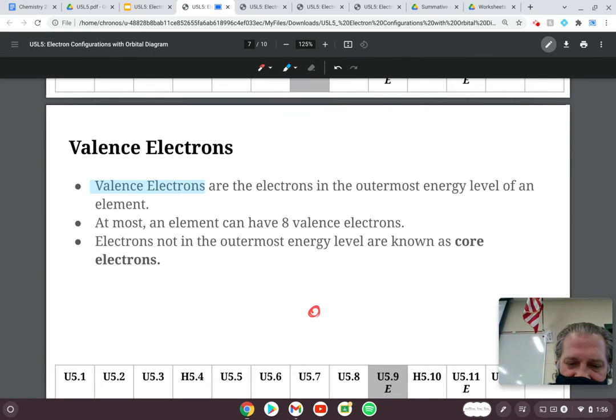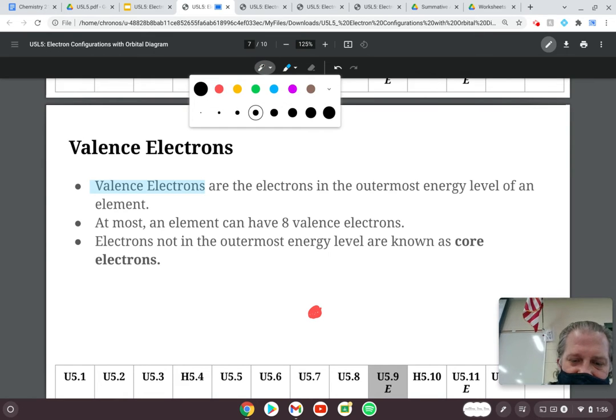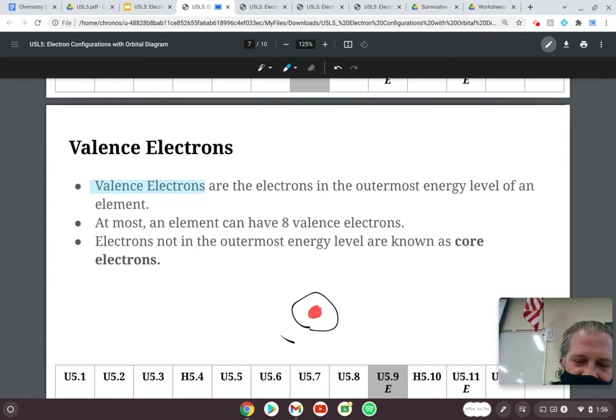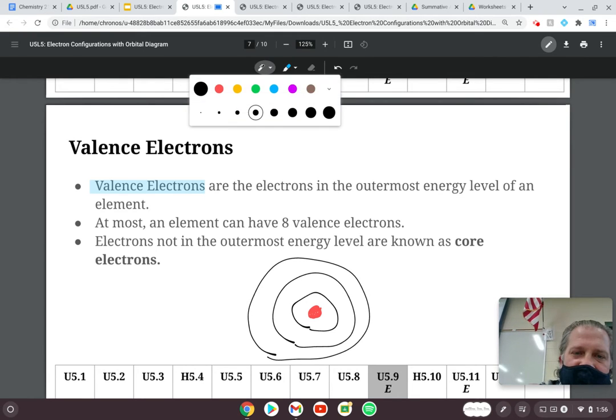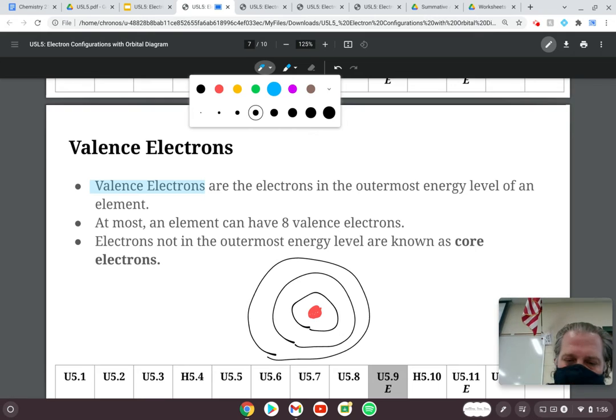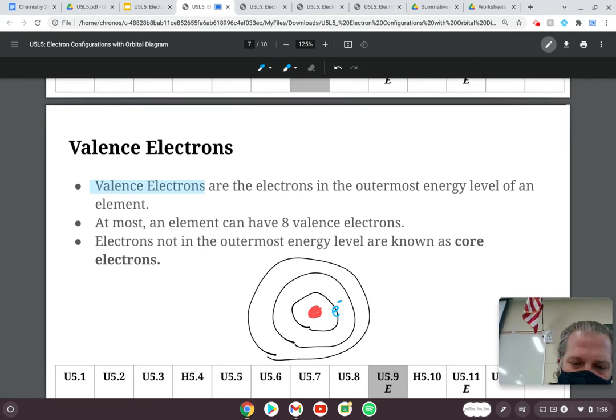So I'm going to have my nucleus here. And then around my nucleus, I'm going to put rings, which are going to represent individual energy levels. And then I'm going to put some electrons on individual energy levels. So I'm going to put 2 here. I'm going to put like 8 here, and there's a reason for that.